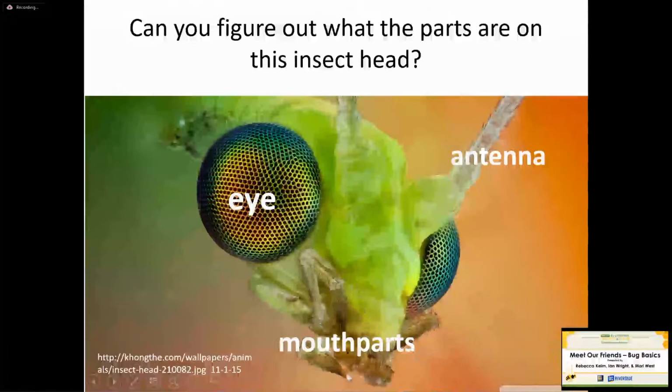So this guy has mouth parts that can grab at its food. As you may know, butterflies have their proboscis for sipping nectar, and then for example, aphids, which have like a stabby mouth part to drink sap.